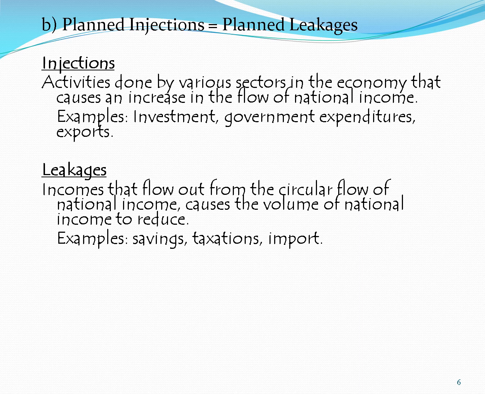Examples: investment, government expenditure, and export. Whatever activity has a flow of money in is an injection. If there is a flow out of money, there is a leakage. Examples: saving, taxes, and imports. Income that flows out from the circular flow of national income causes the value of national income to reduce.